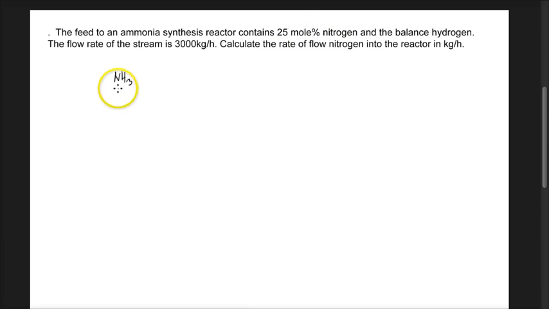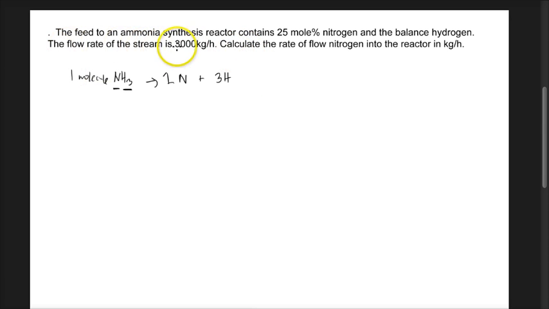Because one molecule of NH3 has 4 atoms, so 1 atom of nitrogen plus the other 3 is hydrogen. So 1 nitrogen is equivalent to 25 mole percent of the total amount.